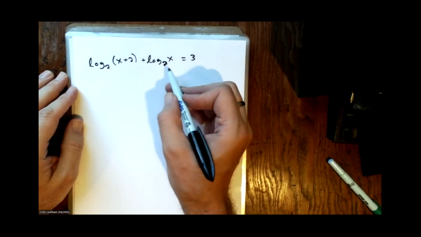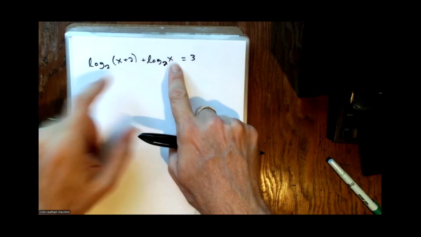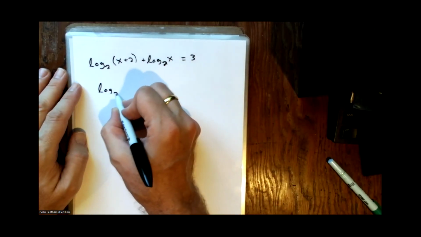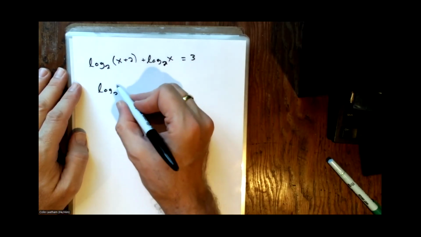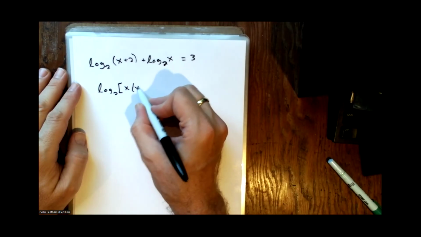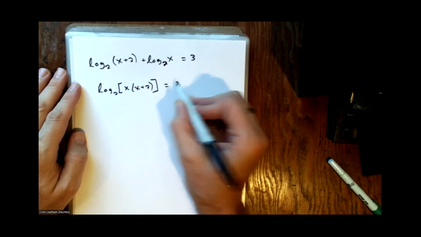Again, I've got two different factors, and this is going to end up being log base 2 of x times x plus 2, and that's equal to 3.